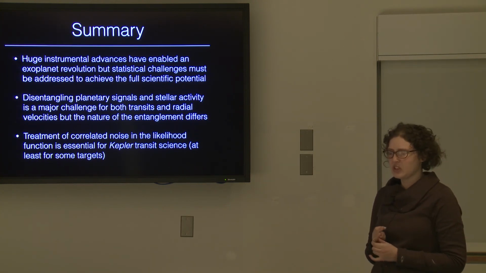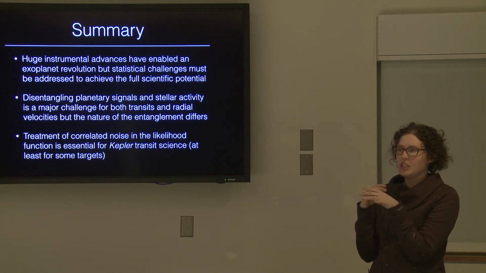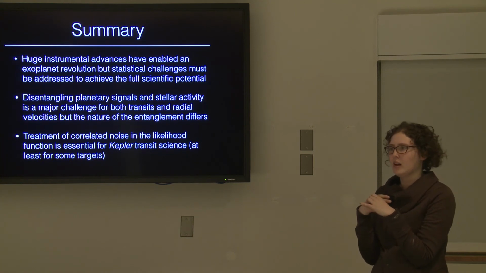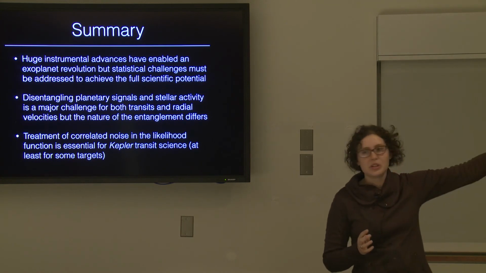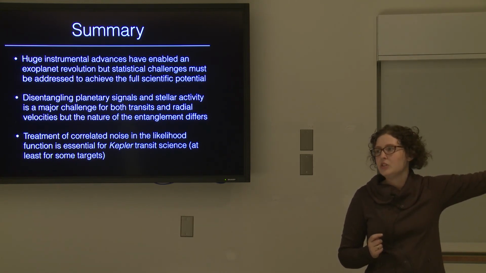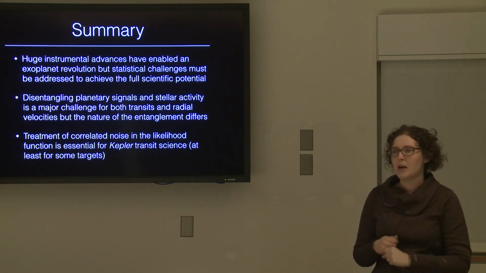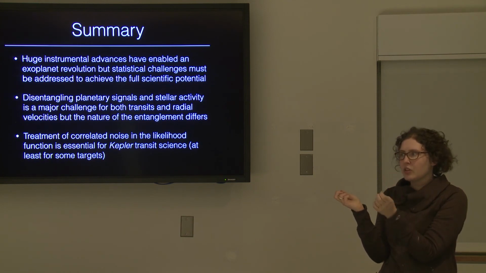And I've been particularly interested in how aliasing and stellar activity can interplay with each other and cause spurious planet detections. And then some other folks have been interested in how you can use, instead of just the shift of the center of the lines, the whole spectrum to better disentangle the planet signal from the stellar signal?